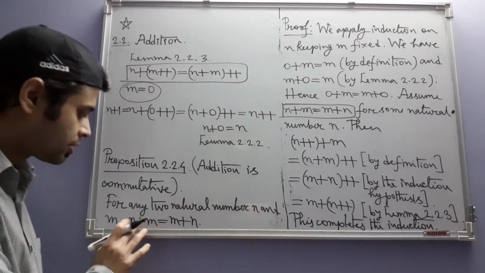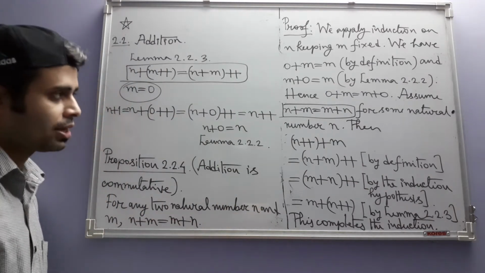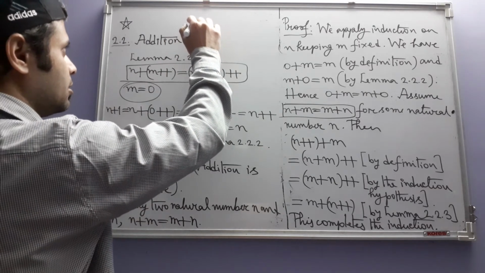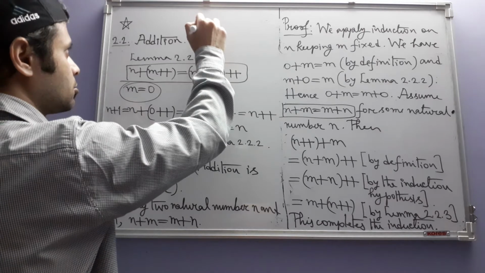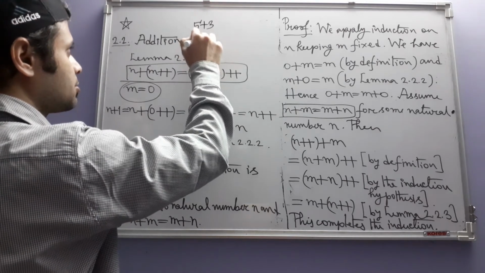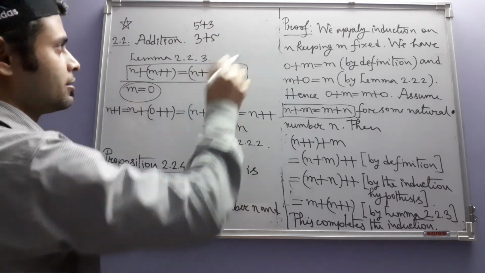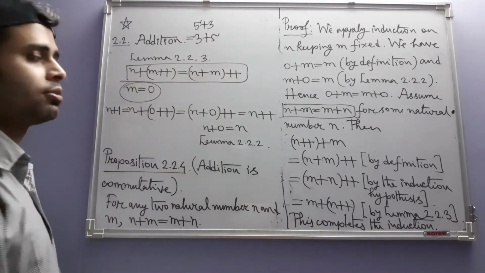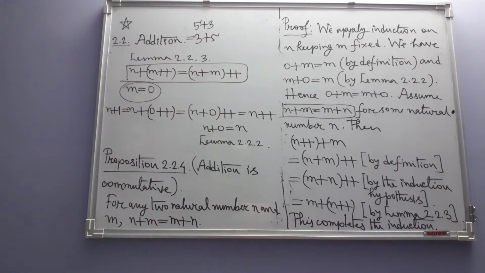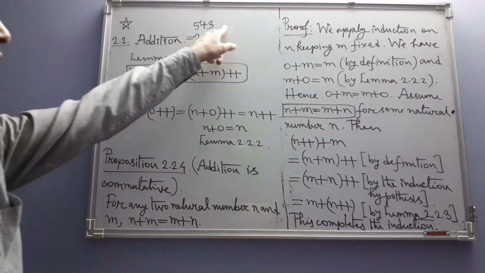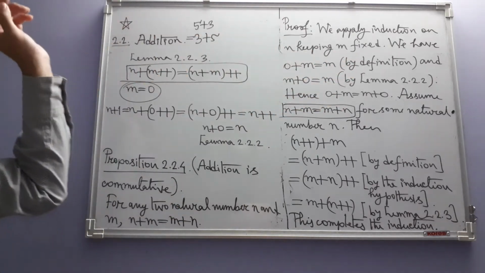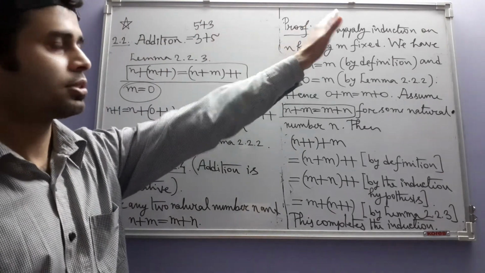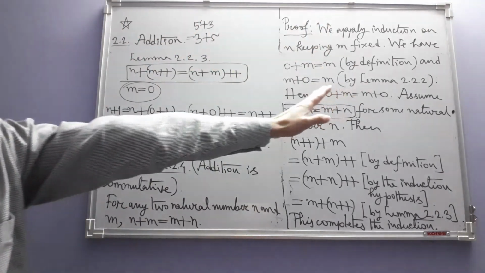Now we know for sure that n plus m and m plus n are same. Despite having those awful expressions for 5 plus 3 and 3 plus 5, now we know for sure that 5 plus 3 is equal to 3 plus 5, without going into the sequence of incrementations.